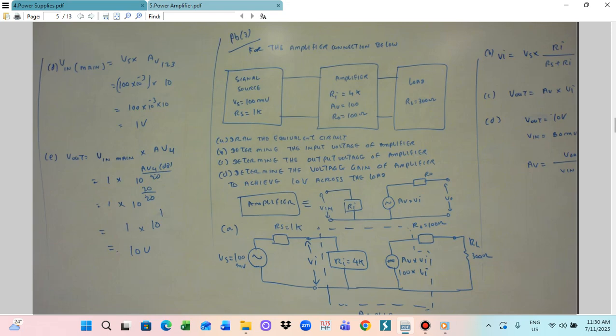Now that we draw the circuit here, we have the source voltage and source resistance. The source voltage VS is 100 millivolt, the source resistance RS is 1 kilo ohm. The signal source, amplifier, and the load are in series.